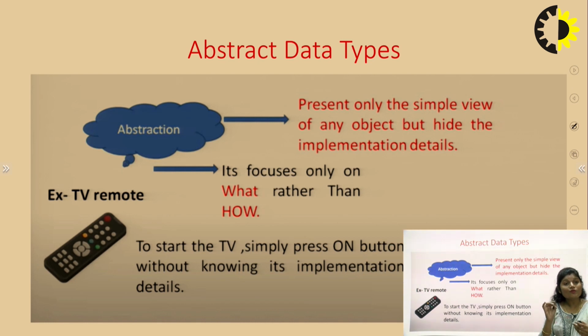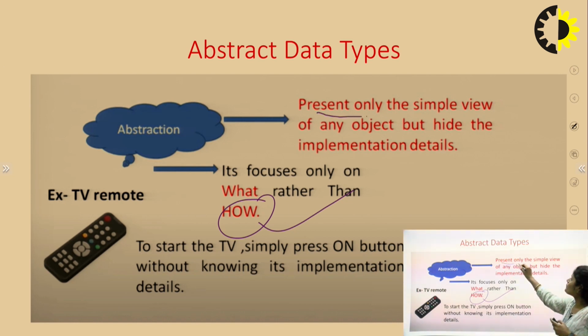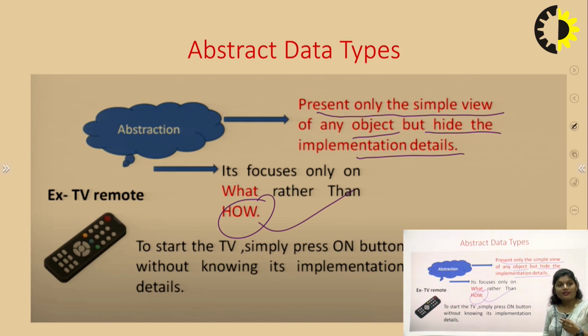You focus on what, not on how your implementation is done. Abstraction presents only the simple view of any object but hides the implementation detail. So this is called abstraction.